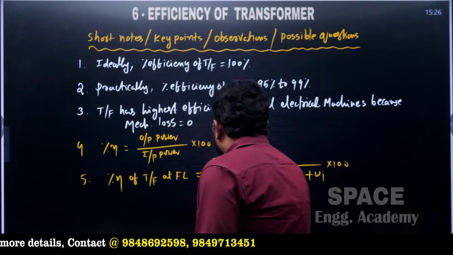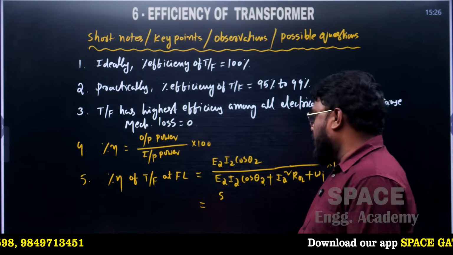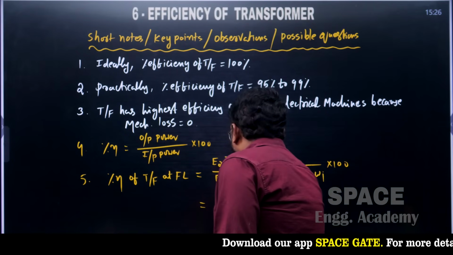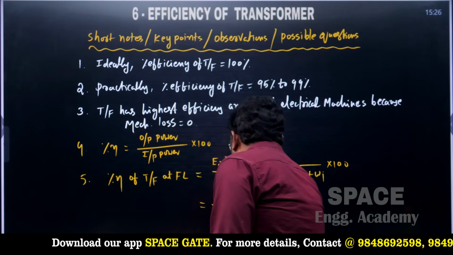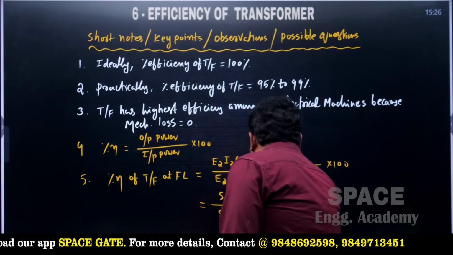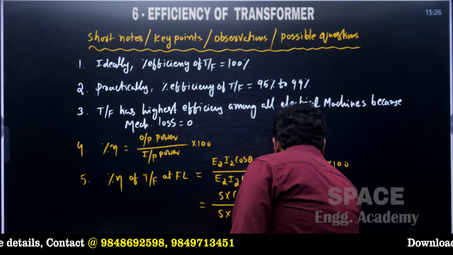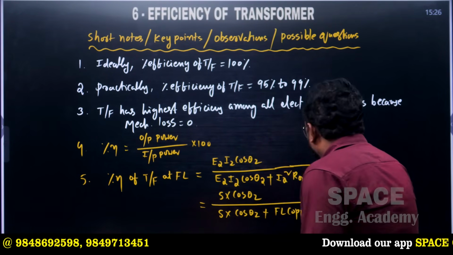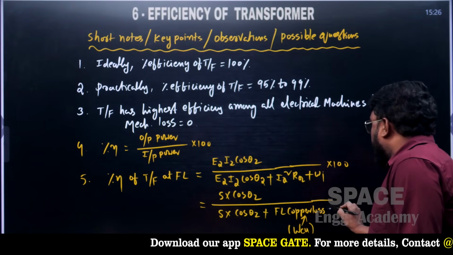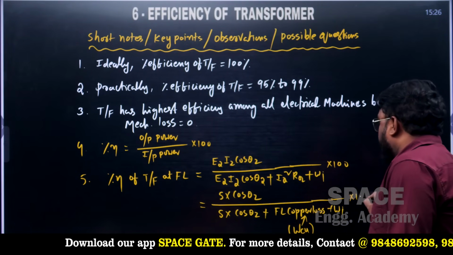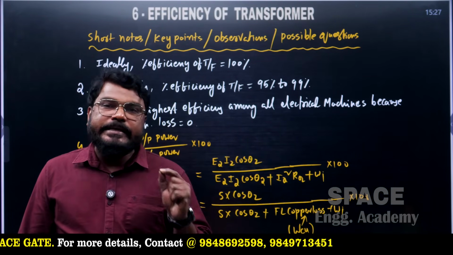You can also write this as S, the power rating of the transformer in kVA, multiplied by cos theta 2, divided by S into cos theta 2 plus the full load copper loss, denoted by Wcu, plus iron losses, into 100. So this is the percentage efficiency of the transformer at full load.